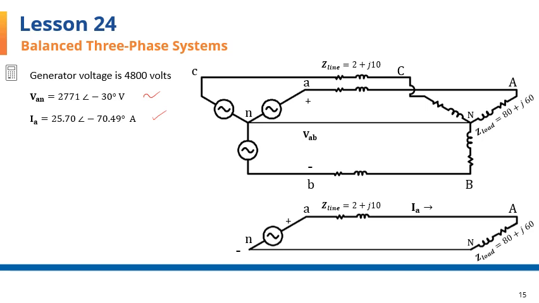Load voltage is found by multiplying the current IA by the load impedance. We have both of these. And VAN equals the product of the current and the load impedance. We are looking for the line to neutral voltage of the load. And that one comes to 2,570 volts with negative 33.62 degrees.